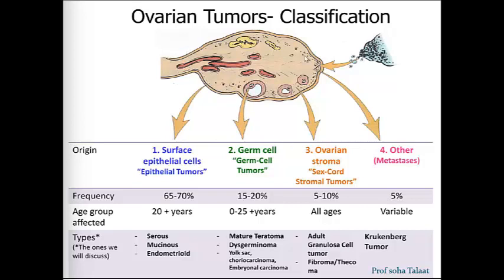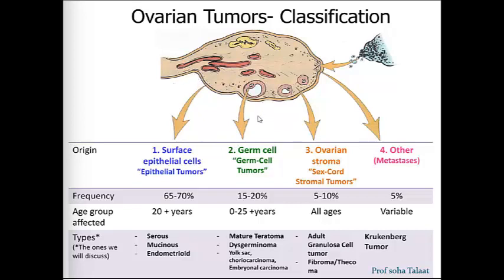This figure shows the normal ovary by the different anatomical parts from which the origin of the different tumors arise. So we have the surface epithelial tumors, and just today one of my colleagues sent me a case.